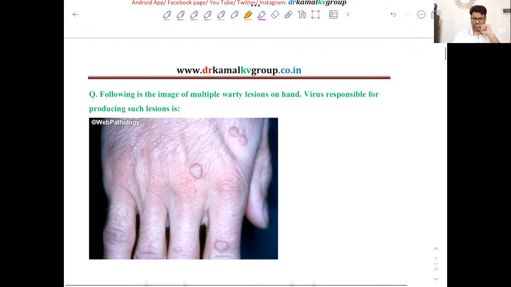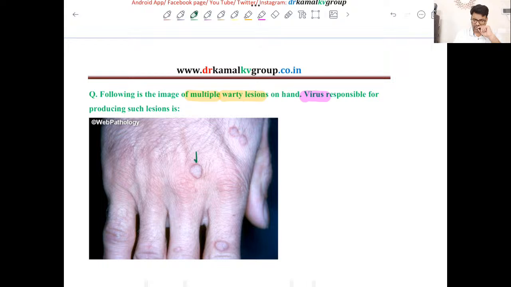So the next question is again a very easy question, and therefore I haven't kept the options. Let me see if you can answer that or not. So there are multiple warty lesions on the hand. Now, which virus is responsible for this condition?